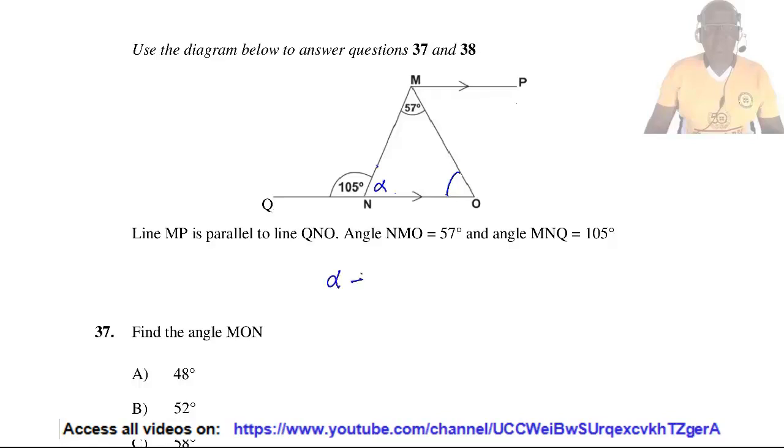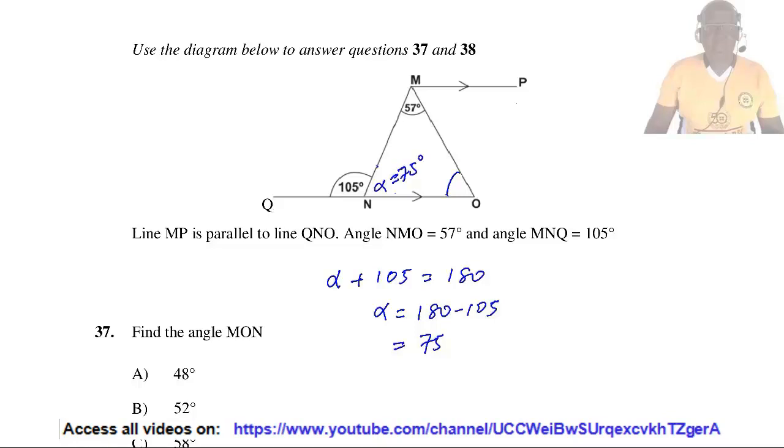Alpha plus 105 should add up to 180, because the sum of angles on a straight line should add up to 180 degrees. Therefore, alpha equals 180 minus 105, which equals 75 degrees.